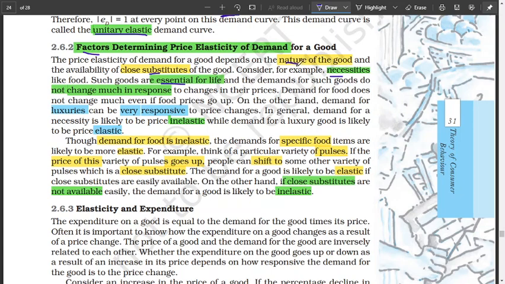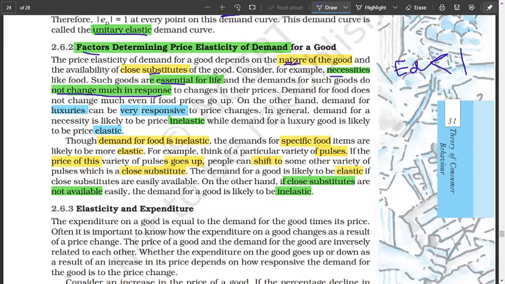In such a case, we do not respond much to the change in price. For necessities, for essential goods, the demand is inelastic. We have talked about that. Demand is less than 1. Inelastic. Necessities, inelastic.